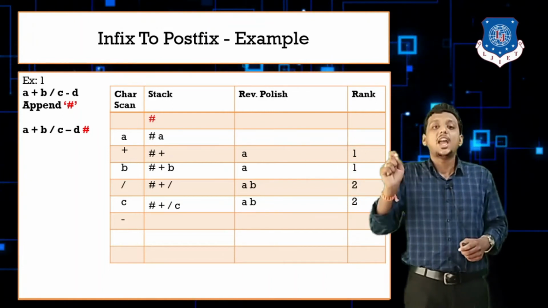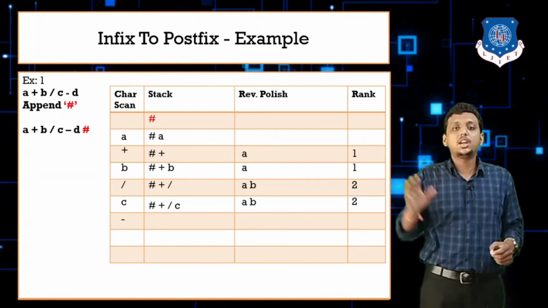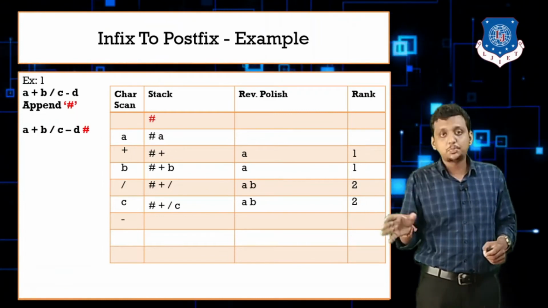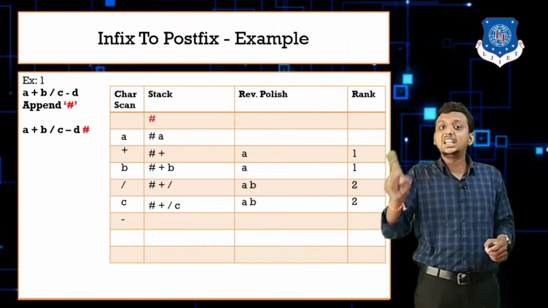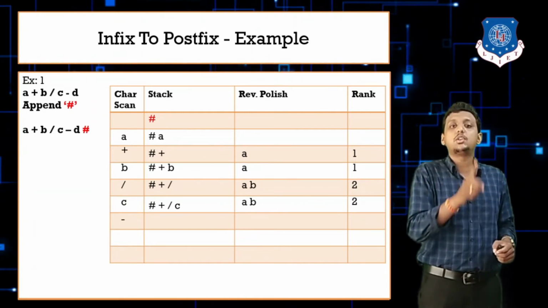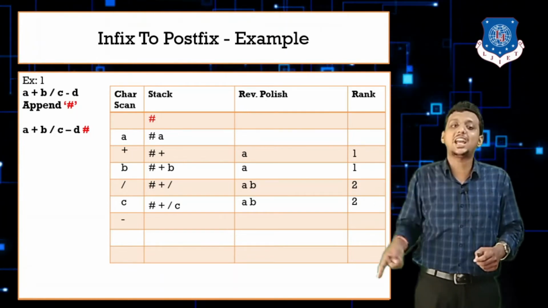Again, f of next is less than or equal to f of s of top. Here f of next means f of minus, whose precedence is equal to f of plus. F of minus is less than or equal to f of plus. The condition is satisfied, so we pop out the plus from the stack.